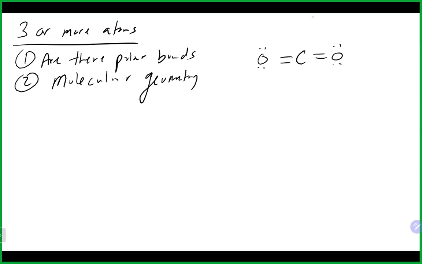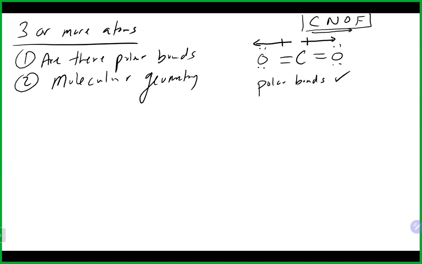Because it contains carbon and oxygen, and those are in the same row on the periodic table, with oxygen further to the right, which means it's more electronegative. So carbon dioxide actually has 2 polar bonds between the carbon and the oxygen, with the oxygen being more electronegative. So this molecule has polar bonds.